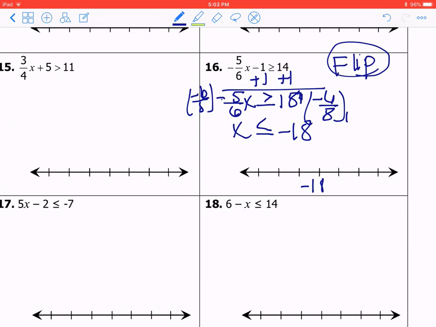Number your number line. It's x is less than or equal to, so it's a closed circle. And it's pointing to the numbers that are less.